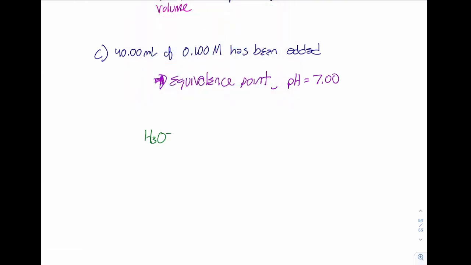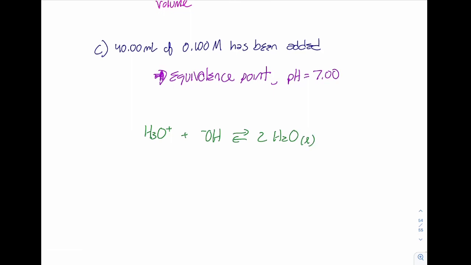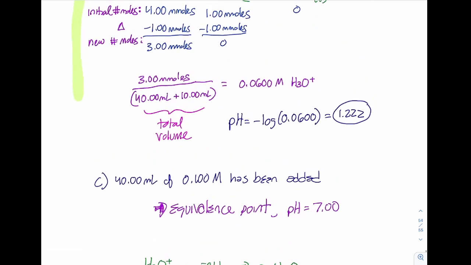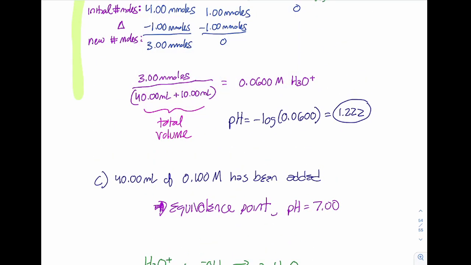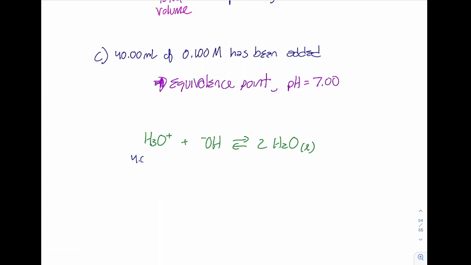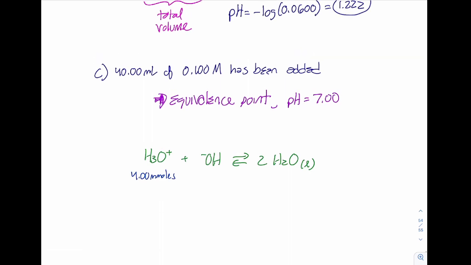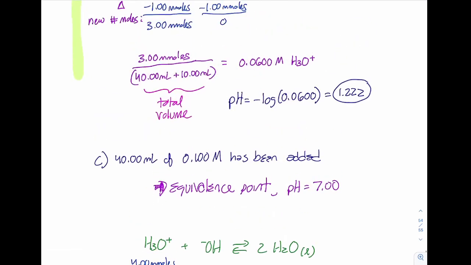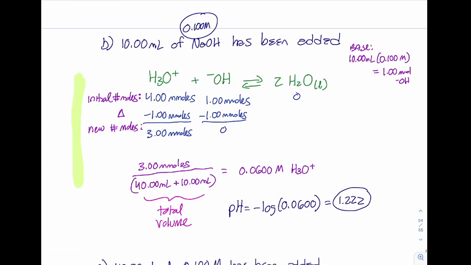My acid is reacting with my base. I'm forming my 2 water molecules. I know initially I have 4 millimoles of my acid. We started out with 40 milliliters of a 0.1 molar solution. Calculating my millimoles of base, we're going to do it just like we did up here.